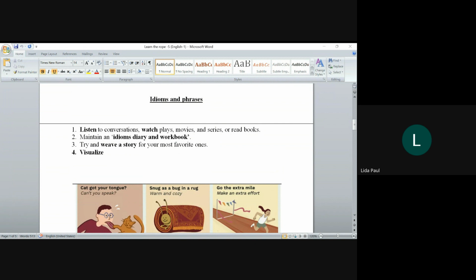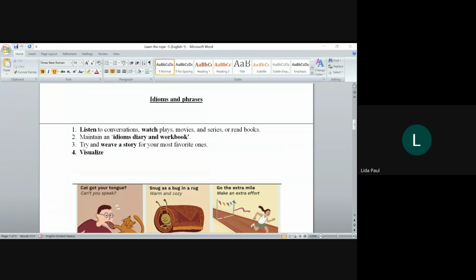Which means figurative, no literal meaning to any of the phrases or the idioms. The meanings that they can give you are idiomatic. That is something that is not constitutive of the individual meaning of the words that form the phrase or the idiom, right?